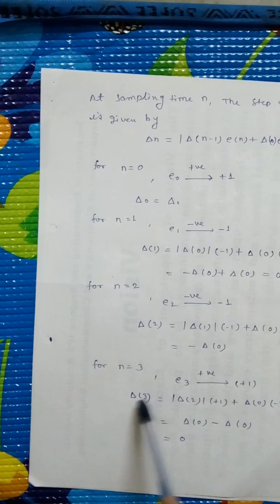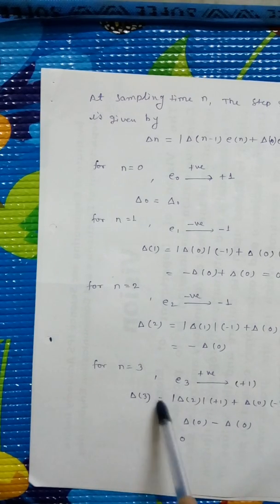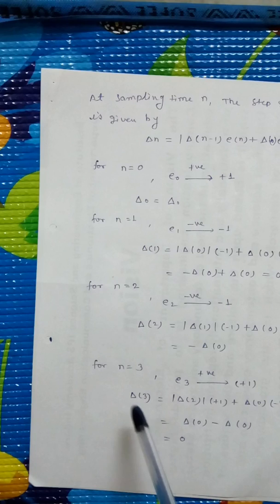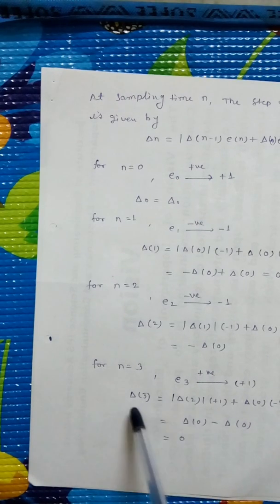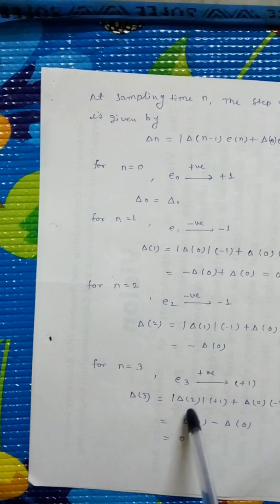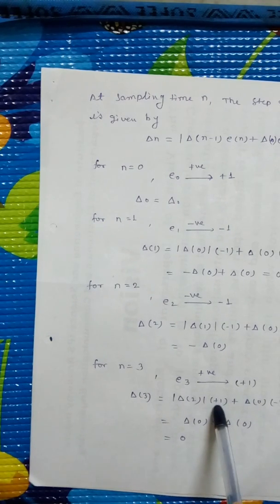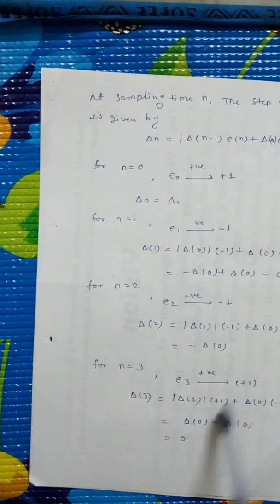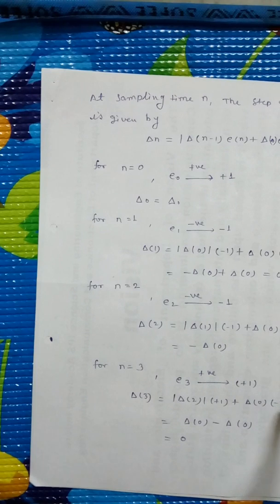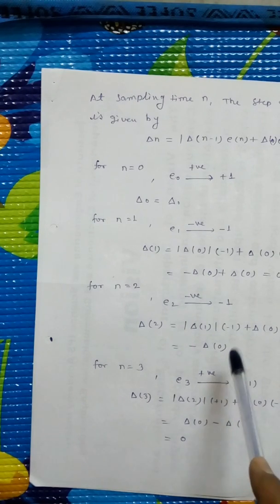Now at n equal to 3, what will be the value of step size? So we have to calculate delta 3. Again we use the formula. Delta 3 means delta 3 minus 1, that is delta 2, this is the error which we have calculated recently, plus delta 0 and minus 1 is the error of the previous case.